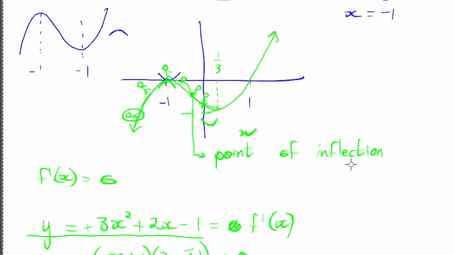You see, it was going in this direction, and then at the point of inflection it started going in this direction. You understand? My gradient was decreasing, became 0, got to the point of inflection. Then it started doing this. Okay, you see that? So the point of inflection is where my gradient stops decreasing and starts increasing. Now look at this graph.